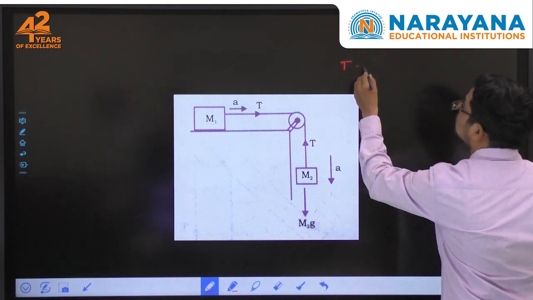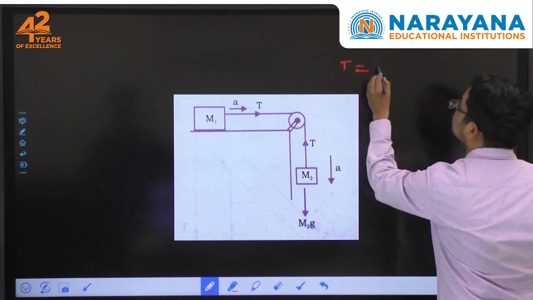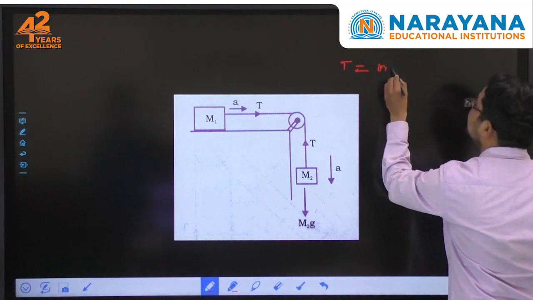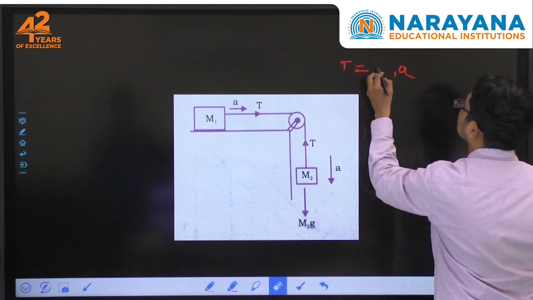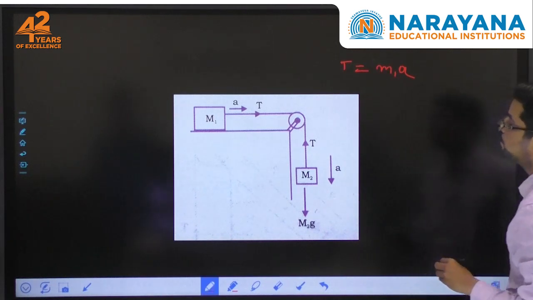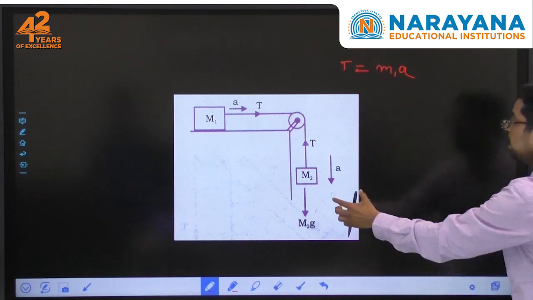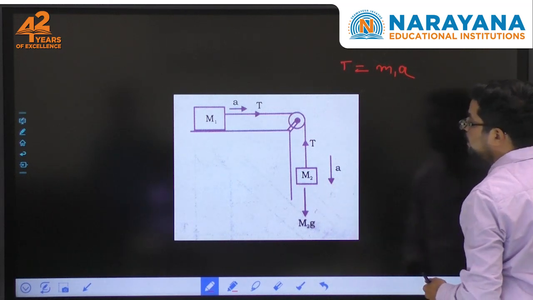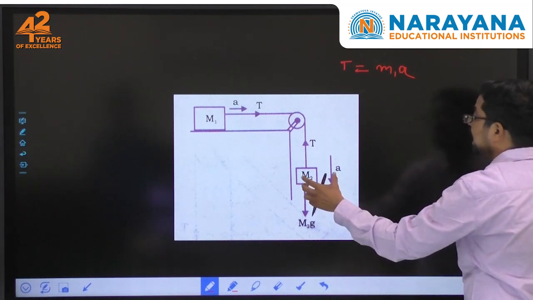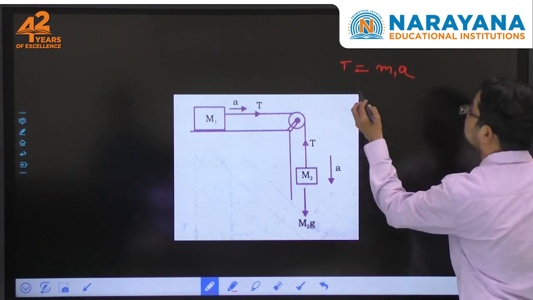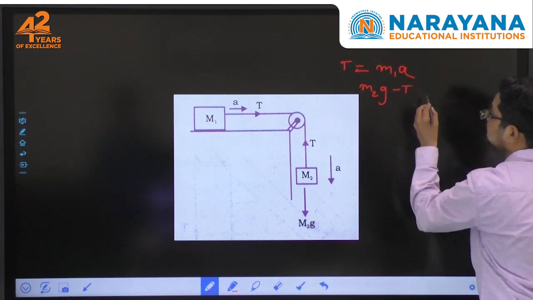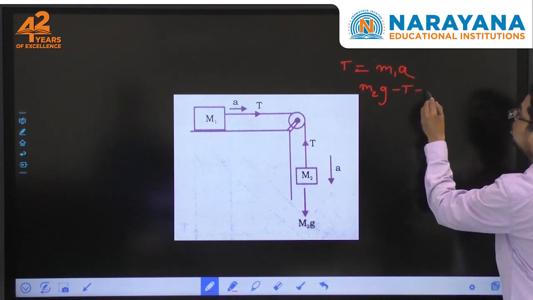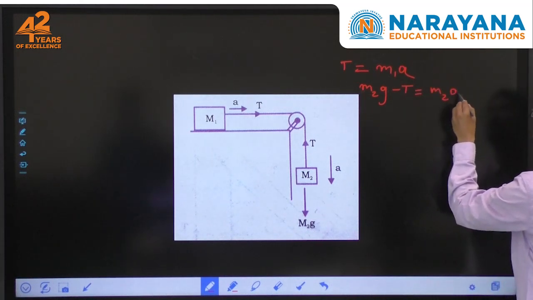Here this tension T is equal to the mass M1 into A. In the same way, if you write the net force here, you get M2G minus T is equal to M2A.